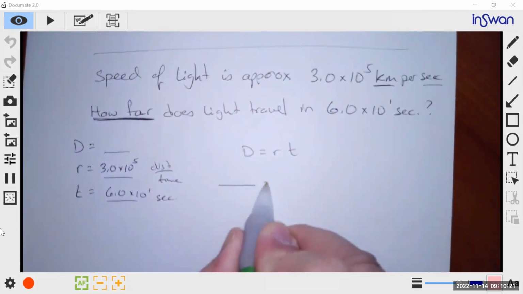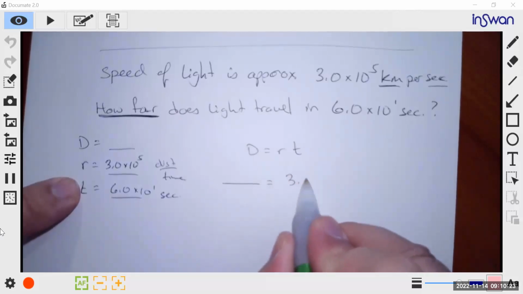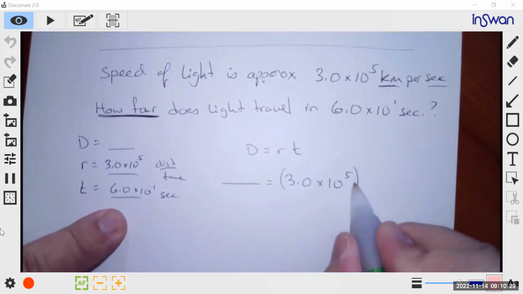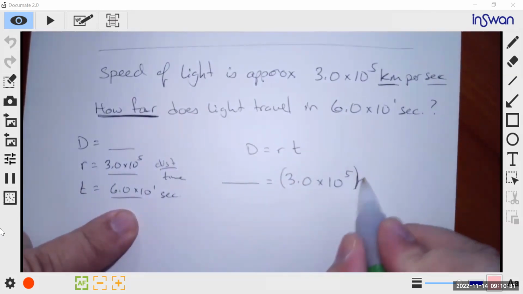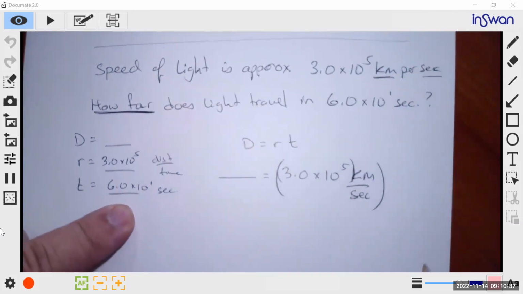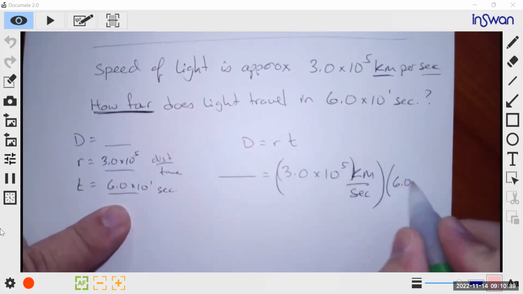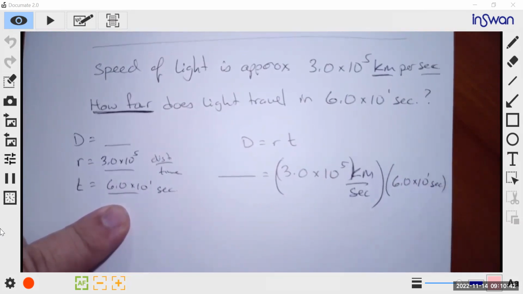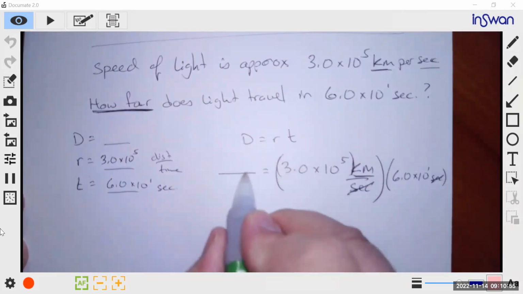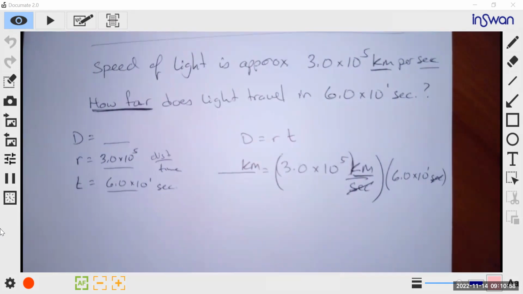We're looking for D. So we have the rate, which is 3.0 times 10 to the fifth. Oh, this is also kilometers per second. Times the time, which is 6.0 times 10 to the first seconds. Because in application problems, we notice the seconds cancel out. So all we're left with is kilometers, which is what our units will be.